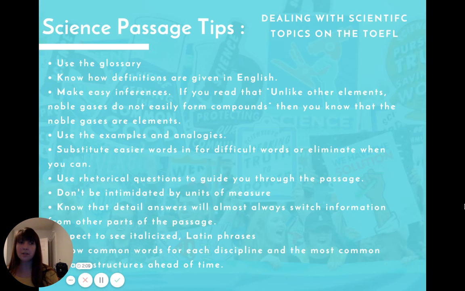In other words, if you have a chemistry reading passage, it will likely be set up a little bit differently than a reading passage that focuses on biology or astronomy, for example. By getting to know each of those smaller disciplines within science, by figuring out those words that are most important before test day, especially if it's a more abstract concept, you will go in confident each and every time.